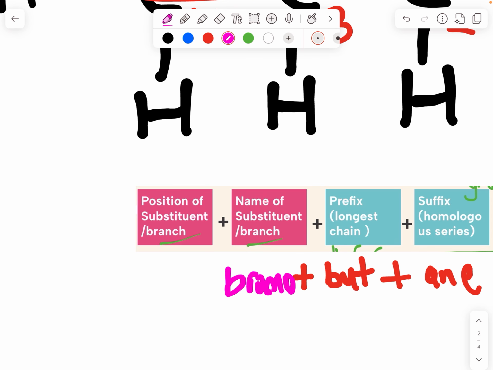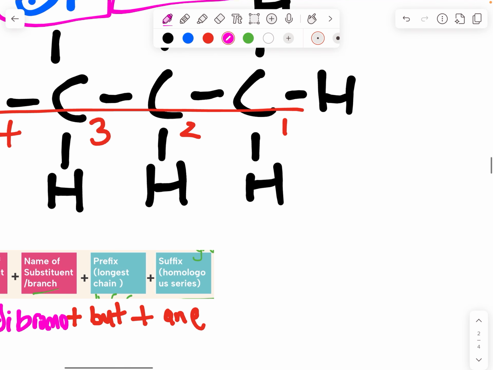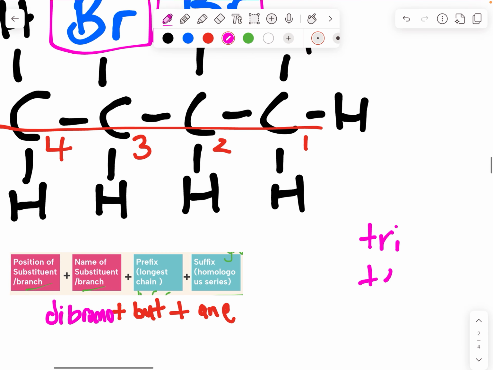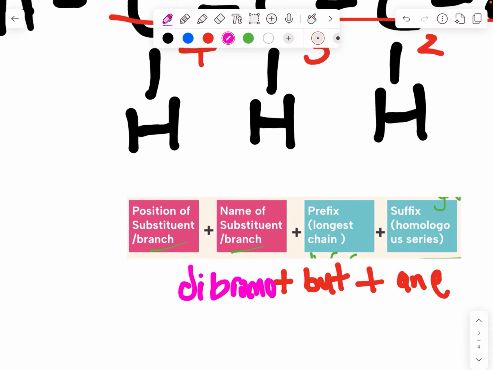However, because it is 2 bromos, it gets di. If it were 3 bromos, it would be tribromo. And if it was 4, it would be tetra. So if it's 3 of the same, it is tri, 4 of the same, tetra, and 2 of the same, di. And this is very important.